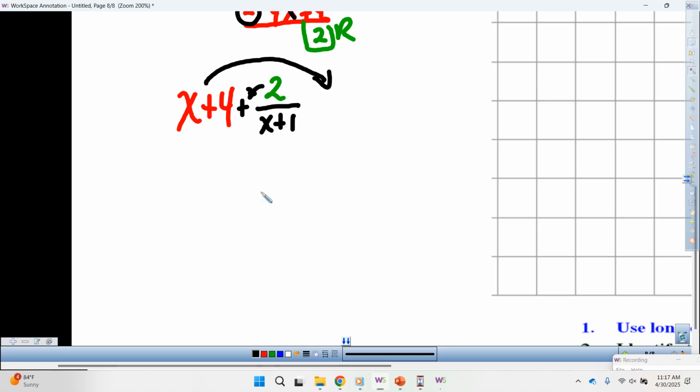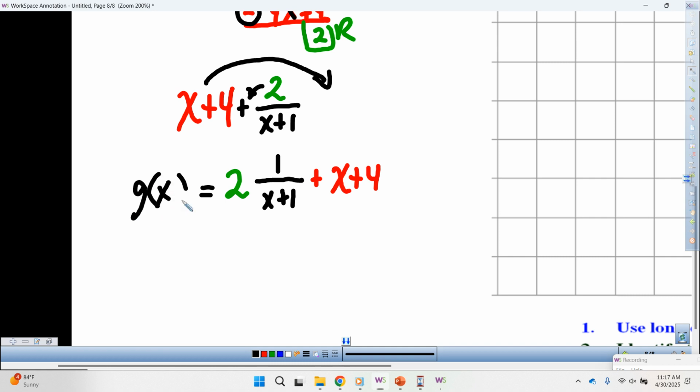So let's see. We have the 2 in the front. We have a fraction. We have the x plus 1. And now we have this at the end, so we're going to put plus x plus 4. So now that we move the 2 to the front, what goes on top, everyone? A 1. So now this is our new g of x.